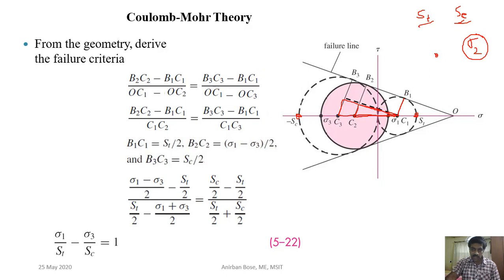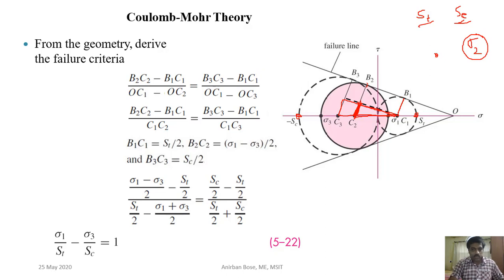These two are similar triangles, and we can write that this length, what is this length, tell me? This length will be B2C2, that means this total length minus the length from here to here. From here to here, the length is the same as this one. So B2C2 minus B1C1.